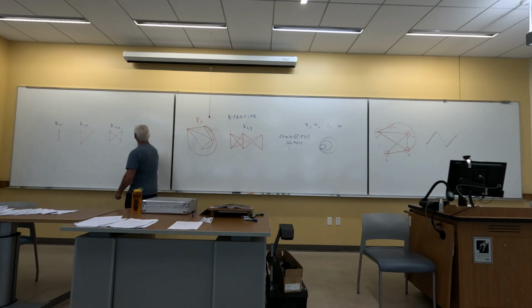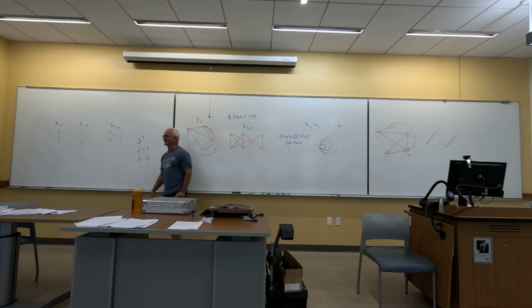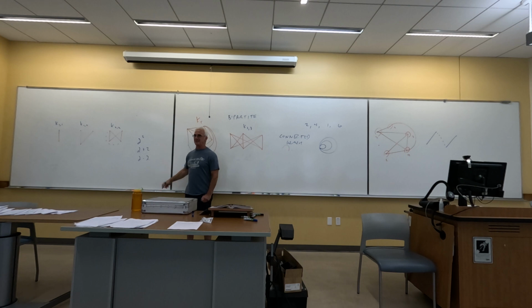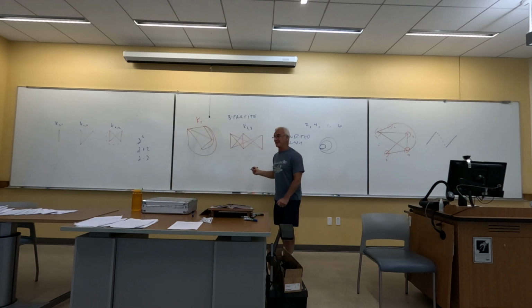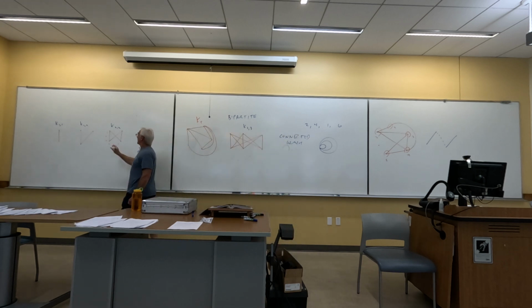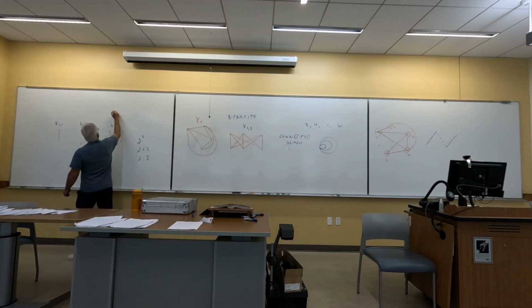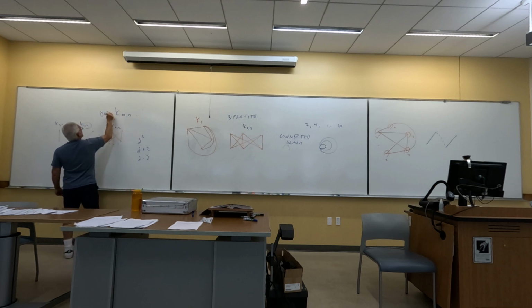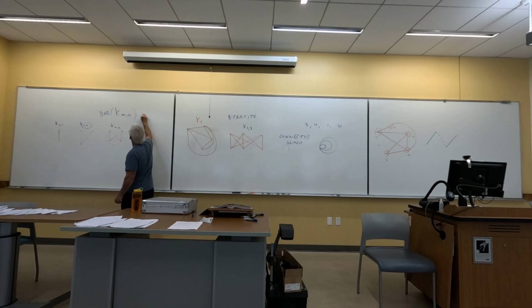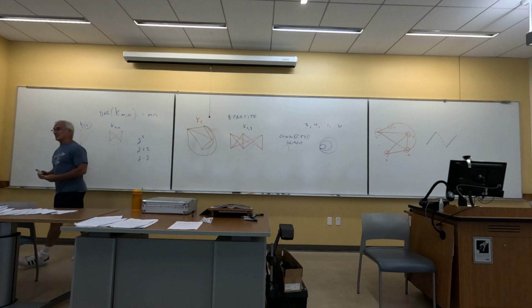Why? No, you can't use that one, right? Because there's 3 ways I can get 4 using the numbers 2, but there's only one way I can get 9 using the numbers 3. What does it appear that's going on here? What is the number of edges of KMN? M times N. Yeah, that's what I wanted you to see.